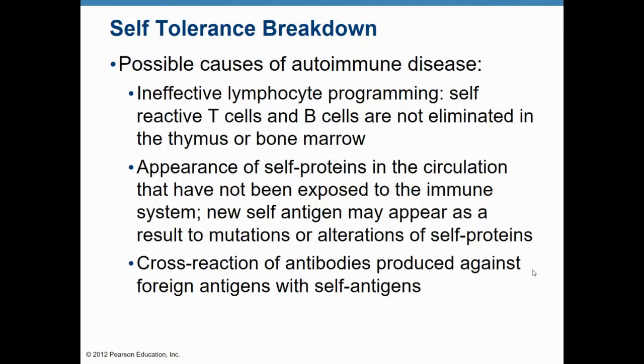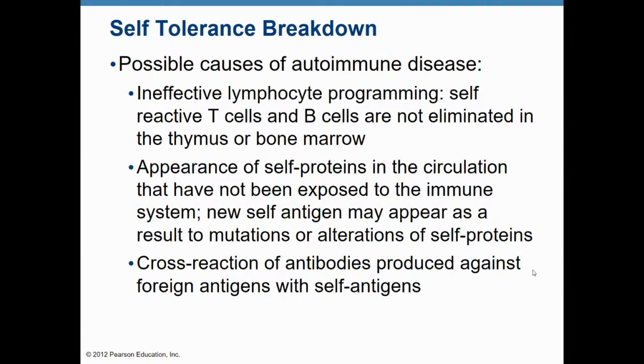Reasons why autoimmune disorders actually exist, because you would think with suppressor T cells, or the regulatory T cells, that they would kind of dampen things. There's a couple of different theories, even though I don't think any one thing has been highly endorsed by the medical community. One thought is that there is ineffective programming of our lymphocytes.